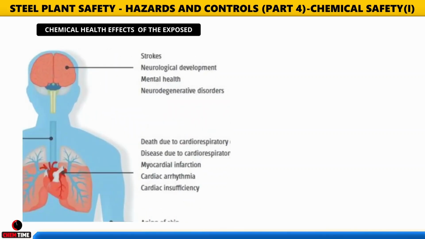Coming from the top, head: one can notice it could cause strokes. Neurological development damage might happen. Mental health can be endangered. Neurodegenerative disorders can be caused because of chemical induction into one's body.